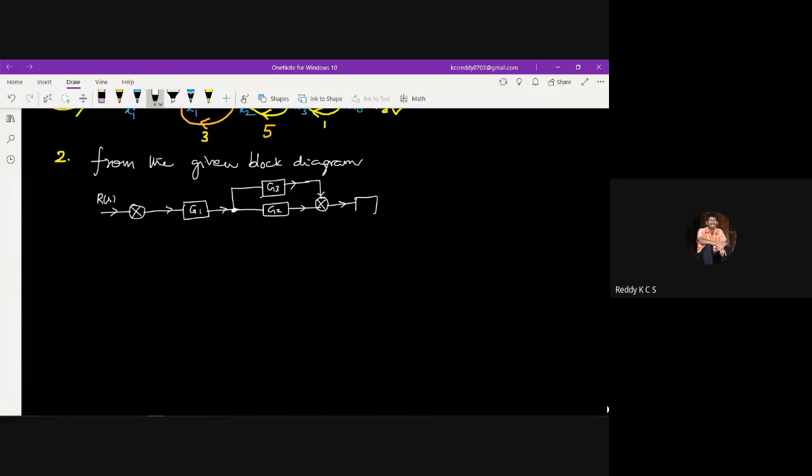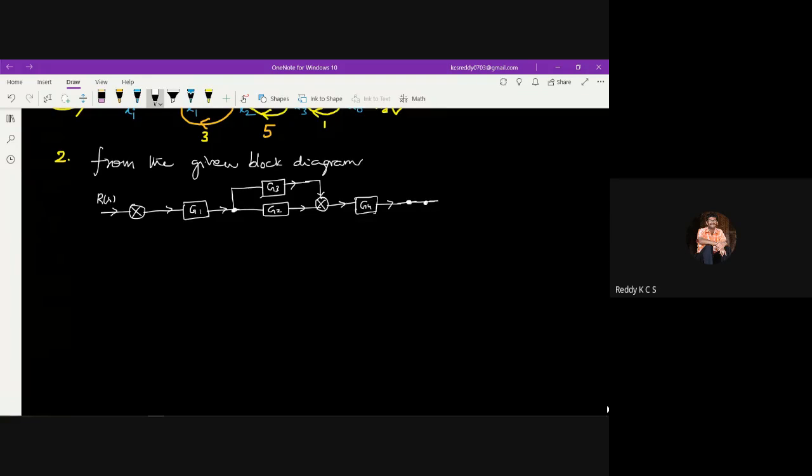Just from this block diagram itself, I can draw a signal flow graph without shifting anything. The only thing is we have to take the takeoff points and the summing points as the variables, I mean nodes.